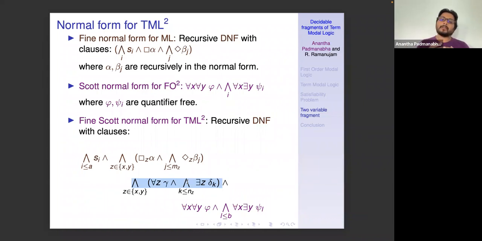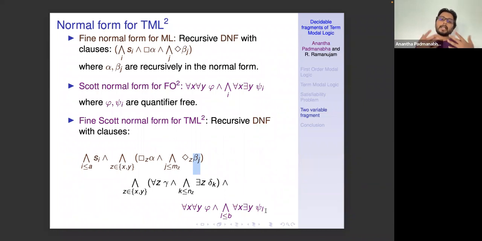We treat the variable that is free as a constant and get this normal form, right? Again, recursively, in the sense that both alphas and beta j's should be in the normal form, and all these gamma deltas are quantifier free, phi and psi are quantifier free. And if there are modal formulas in them, the modal formulas should again recursively be in this normal form. So this is what we have.